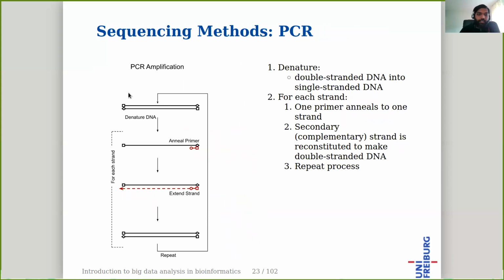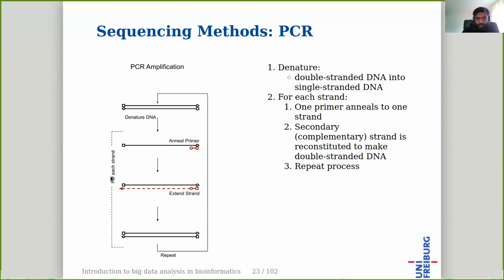The PCR takes a DNA, which can be the cDNA generated from RNA, and then a primer is attached to one end. Here it's the 3' end. After the primer is attached, it is extended by incorporating one base after another until the end of the fragment is reached.